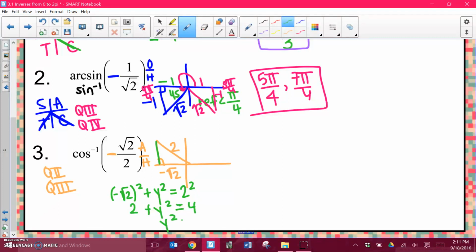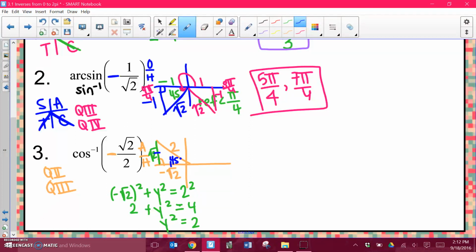So I would get that y squared is equal to 2, so I know that y is equal to the square root of 2. If I look at this triangle and kind of ignore the negatives, I know that I have one side that's the same as the other side, so the two legs are equal with that hypotenuse. That makes this triangle a 45, 45, 90 special right triangle because the two legs are equal to each other.